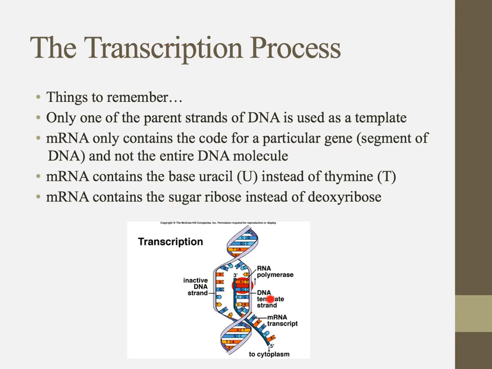So again, we're unzipping the parent strand. RNA polymerase then uses the exposed strand to make a new strand of complementary base pairs, almost exactly the same as the process of making a complementary DNA strand, except we're only using one strand. We have the sugar ribose instead of deoxyribose, and instead of T's, we have U's, or uracil.